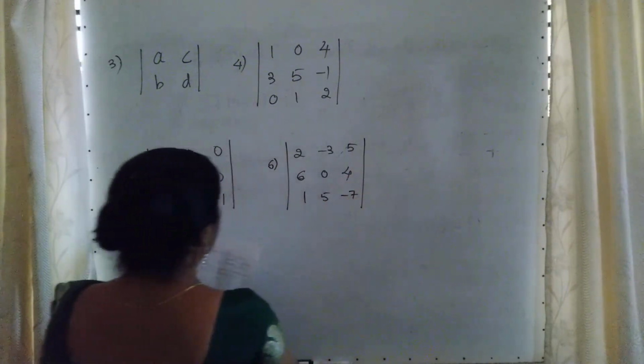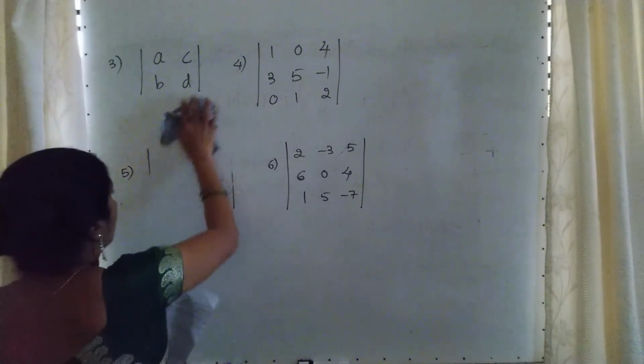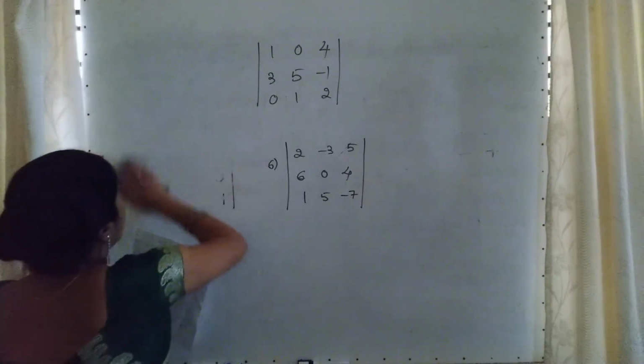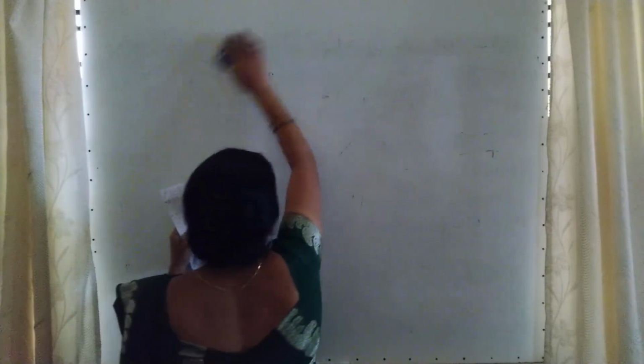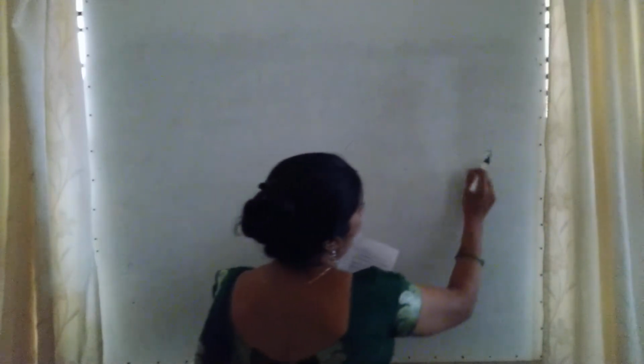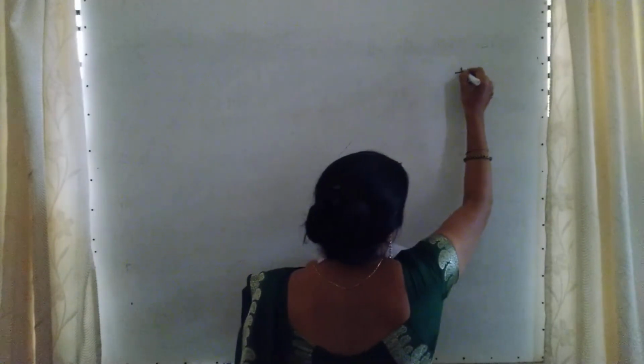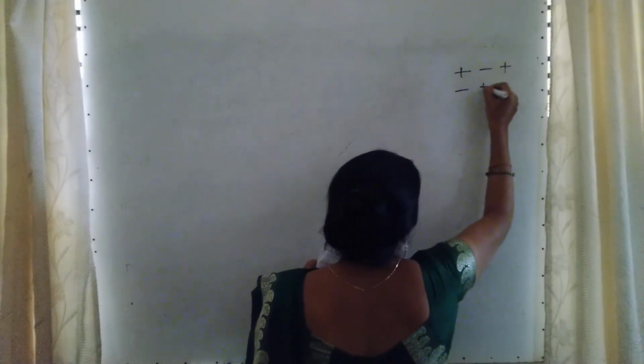So don't worry, I will explain one example for your reference to find the minor and cofactor of order 3. To write a cofactor of order 3, refer to this sign table as I told earlier.